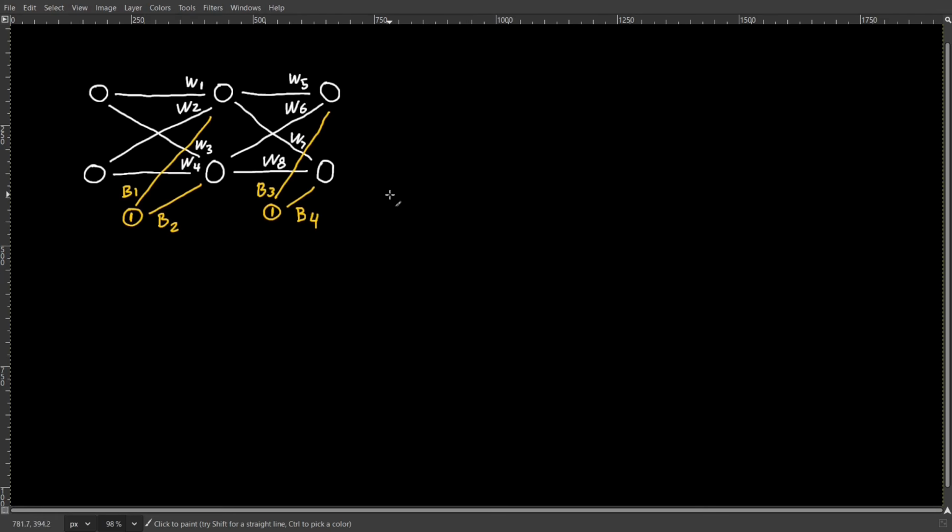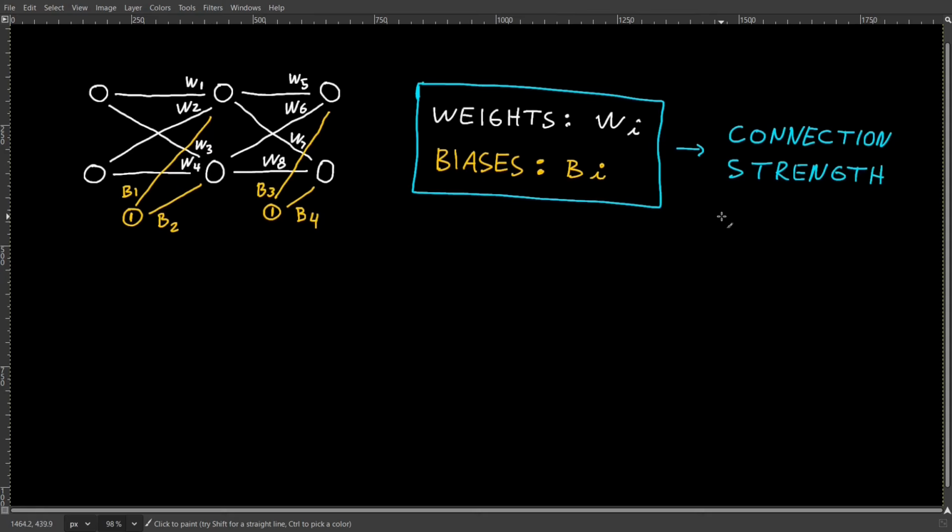Every connection between neurons comes with a number that we either call weights if that connection is between regular neurons, and we denote them with Wi, or biases if the connection is between a bias and some other regular neuron, and we denote them with Bi. These weights and biases determine the strength of a connection between two neurons.